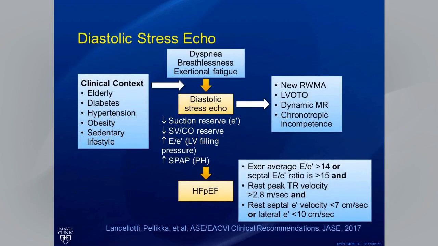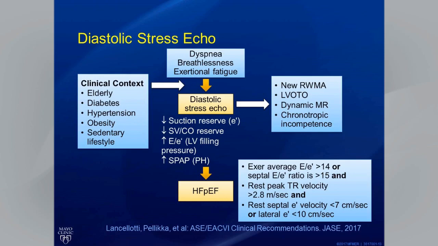With our diastolic stress echo, we might consider applying this to symptomatic elderly patients, those with diabetes, hypertension, obesity, or sedentary lifestyle who experience symptoms of dyspnea, breathlessness, or exertional fatigue.